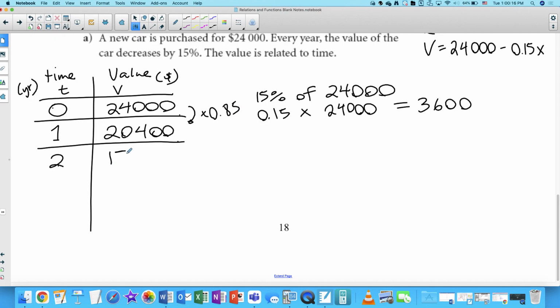I just did 85% of the second year. So now it's only going to be worth 85% of this year. Okay. So you can continue doing this, right? I don't know what the third one would be. Someone do that for me.